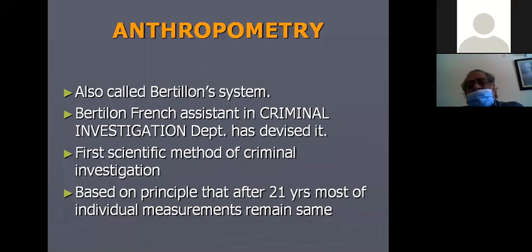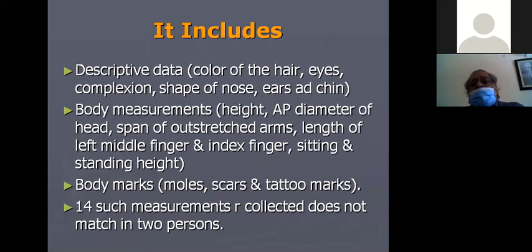And it was the first scientific method of criminal investigation, based on the principle that after 21 years, most individuals' measurements remain the same, like color of hair, eyes, complexion, shape of nose, ear, body measurements, height, AP diameter of head, span of outstretched arms, length of middle finger, index finger, sitting and standing heights, and body marks like moles, scars, tattoos.